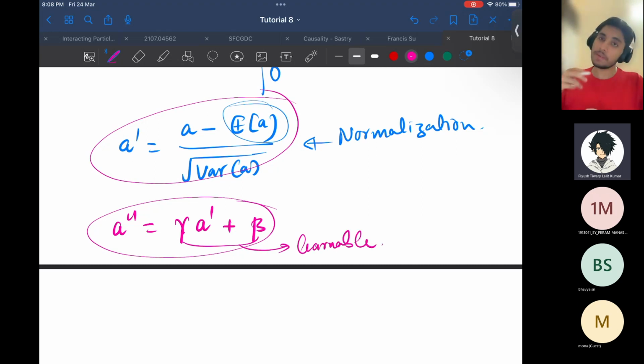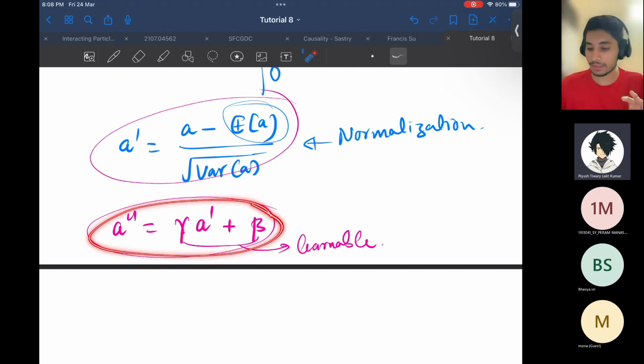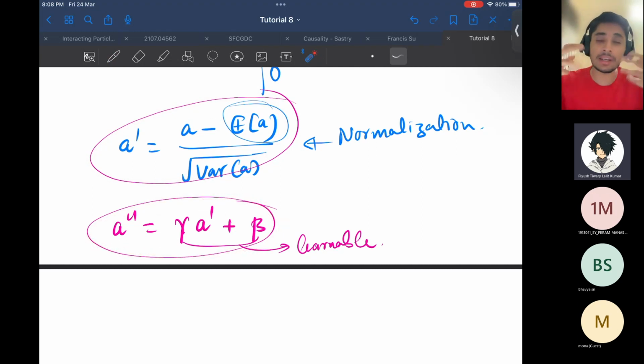What we are saying to the network is the following: there are a lot of restrictions on the range of input that we can give to you. We will first normalize the input, and then we will unnormalize it. But how to unnormalize it is up to you. You learn these gamma and beta parameters. Scale your input by whatever amount you want, and then shift it by whatever amount you want, so that it's easier for you to learn from the data.